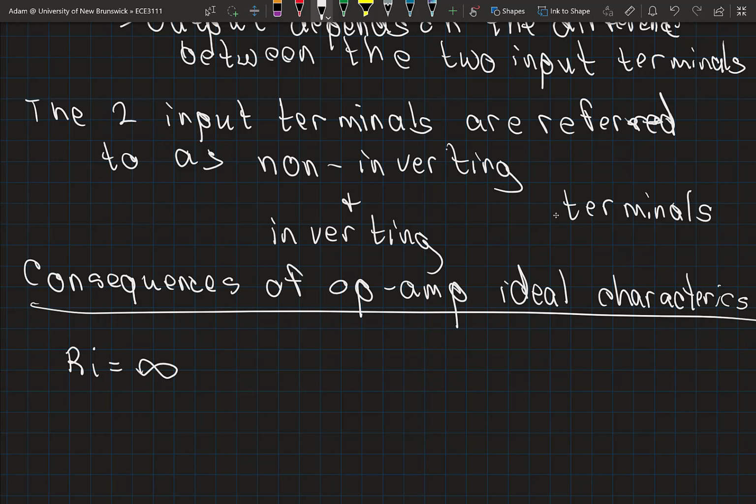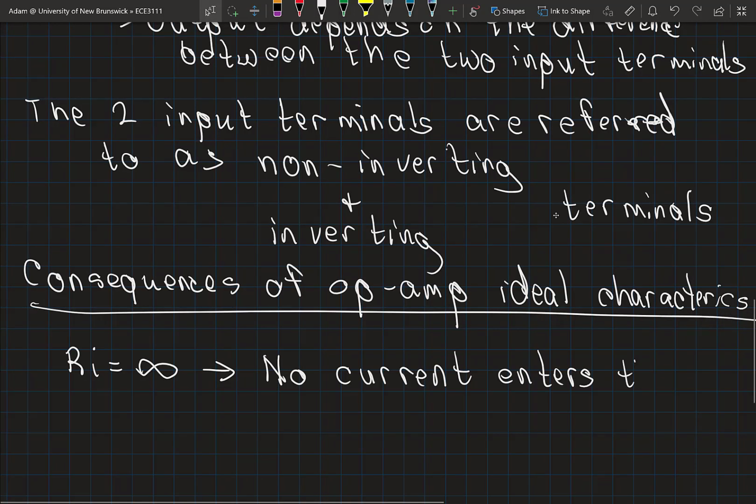Okay, so the input resistance being infinite, the consequence of this is that no current enters the inputs.